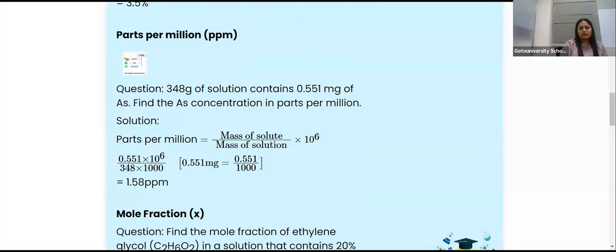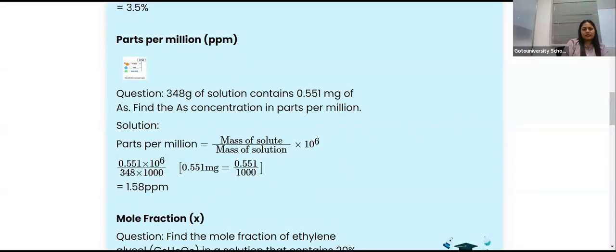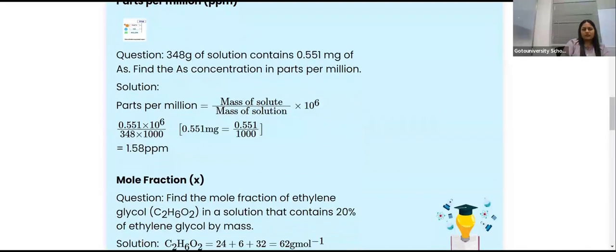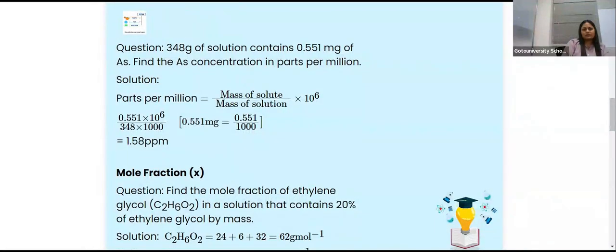Let's do one numerical for parts per million. The question here is: 348 gram of solution contains 0.551 milligram of acetylene. You have to find the concentration in parts per million. Same formula, mass of solute is given here.